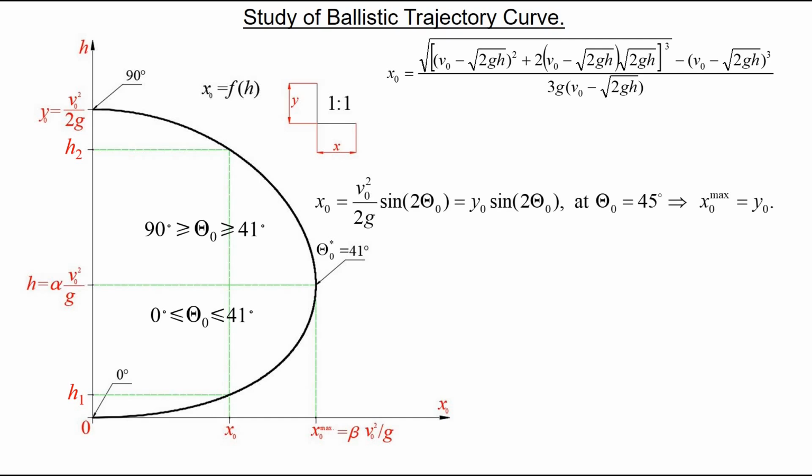If we compare 45 to 41 degrees in our case, this difference is so negligible that in a real case scenario, with air resistance in experiments, you cannot see a difference.